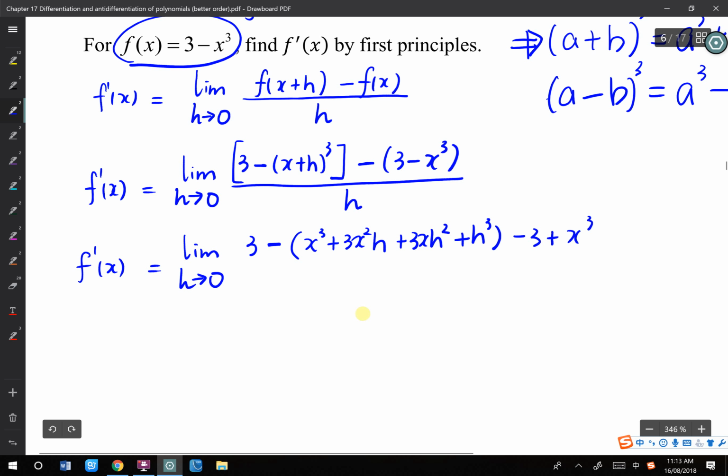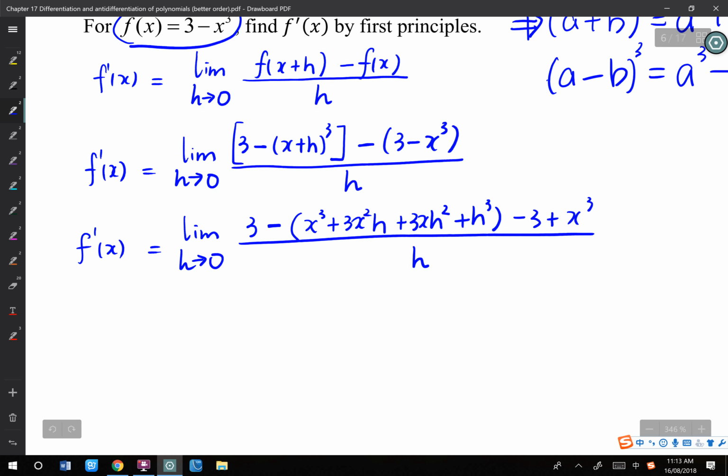No, sorry, not minus, and then divide by h. And what we have is f'(x) equals the limit as h approaches 0. Well, I can't substitute that yet because I have h as my denominator. If I sub 0, I will have denominator 0, which doesn't work.